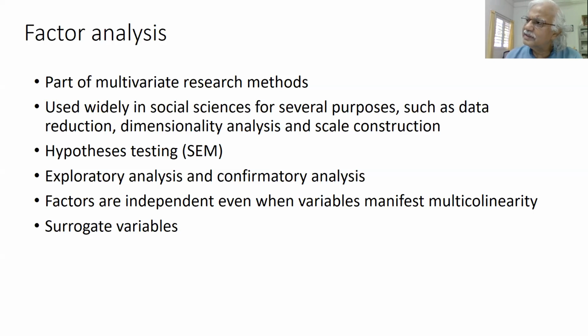But suppose there are linear combinations of variables, say 4 or 5, which can explain 80% or 70% variance in the data, then it's possible for us to work with those factors or those dimensions.